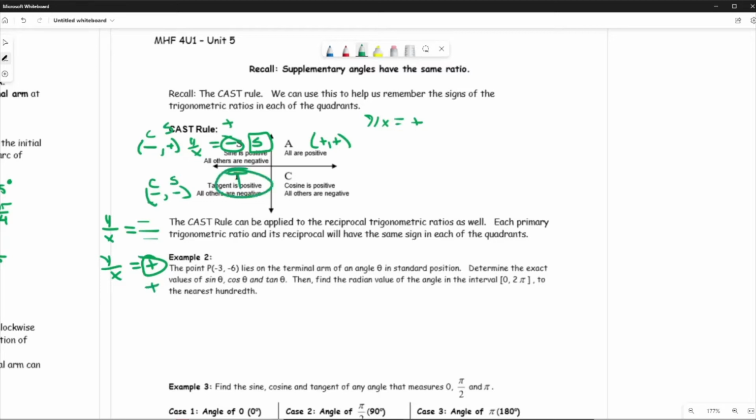Hence, we call this the T quadrant, for tan, for the CAST rule. Lastly, we have positive, negative, and of course y over x would be negative. So once again, tan is negative, sine is negative, cos is positive, so we call that quadrant C. And A is all positive: sine is positive, cos is positive, tan is positive. Okay, that's the CAST rule and where it comes from.